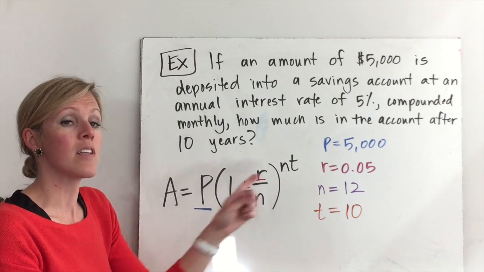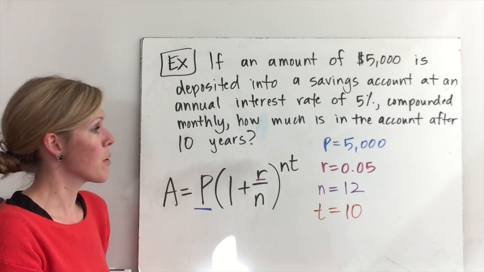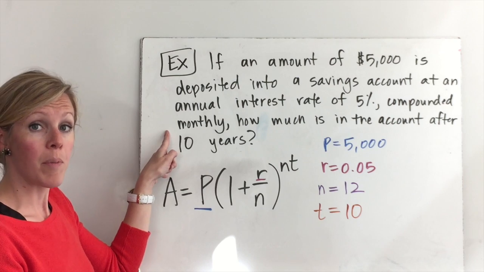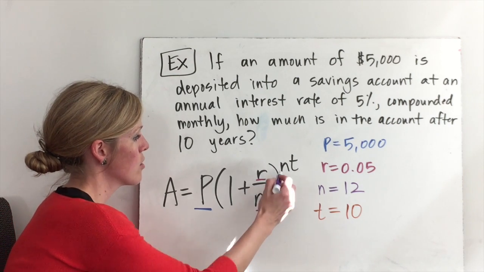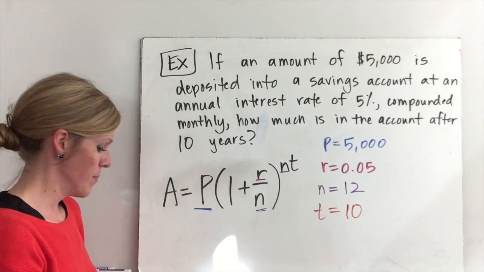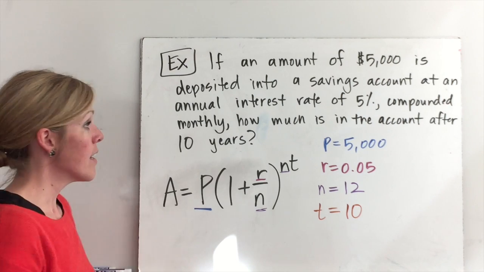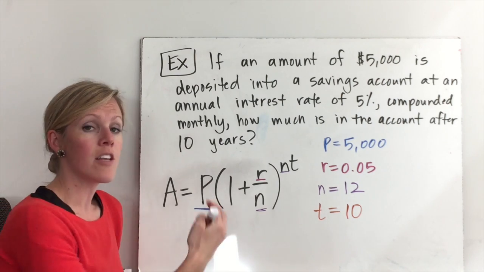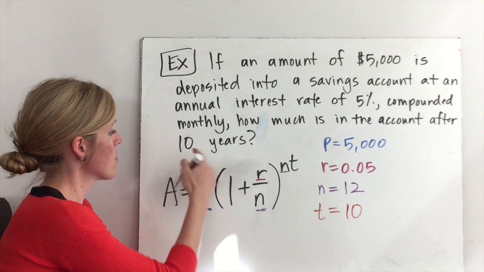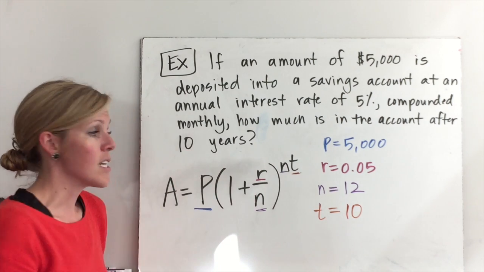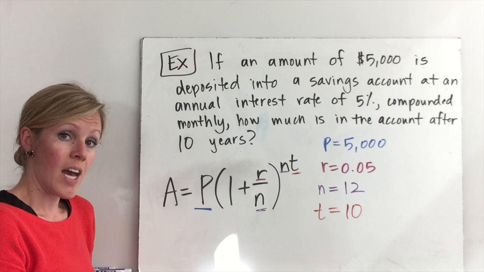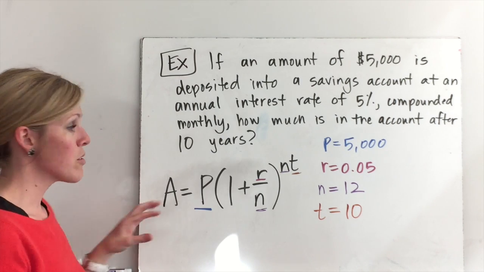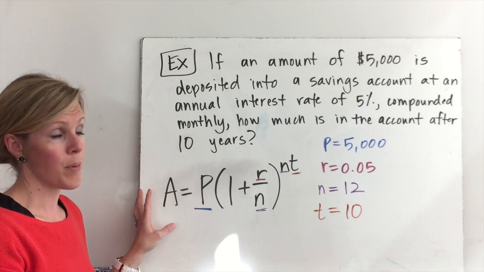N, remember, is the number of times it's compounded per year. This says compounded monthly, which means 12 times in a year. And T, finally, is the number of years we're investing the money. So you can see that T is 10. So we have all of our values, and now we're just going to plug them into our formula.